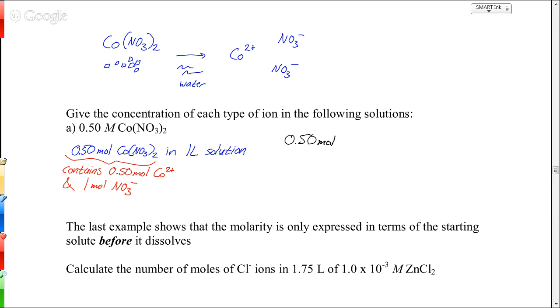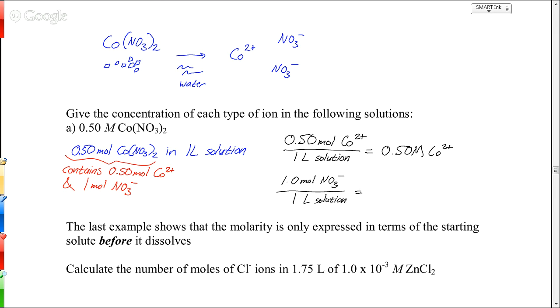So 0.50 moles of cobalt 2 plus in 1 liter of solution is 0.50 molar in cobalt ions. And then we've got 1 mole of nitrate ions in that liter of solution. So what's the concentration of nitrate ions?